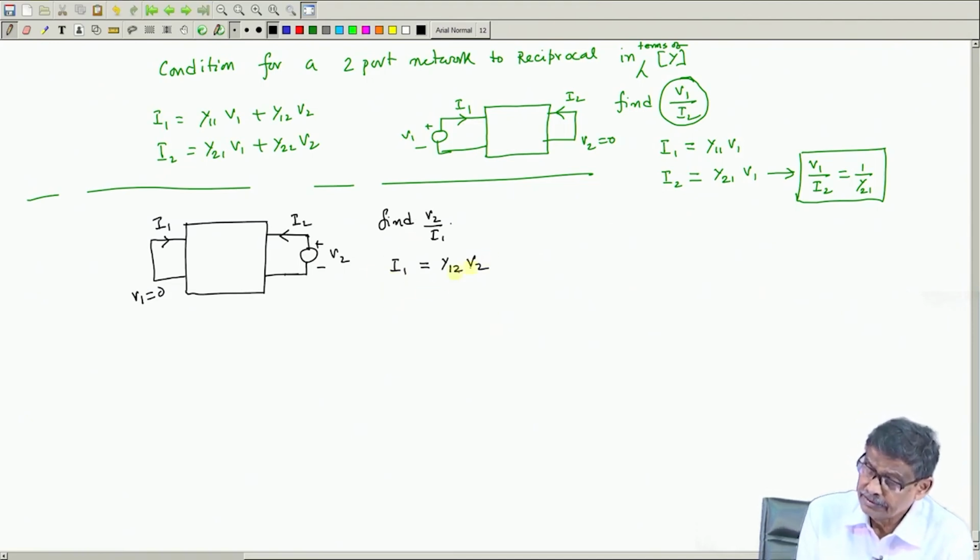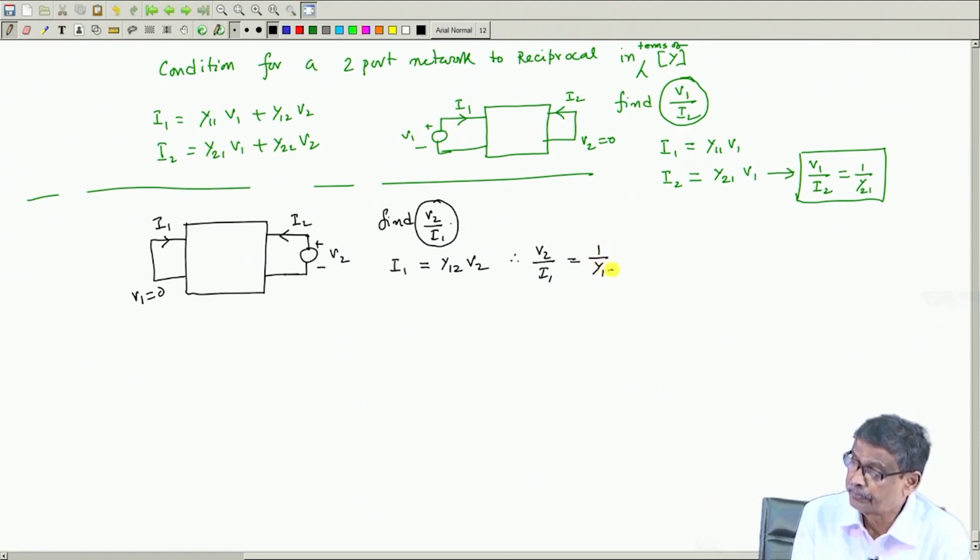No point in writing the second equation, because I have achieved what I wanted from the first equation itself, that is V 2 by I 1 is equal to 1 over y 1 2.